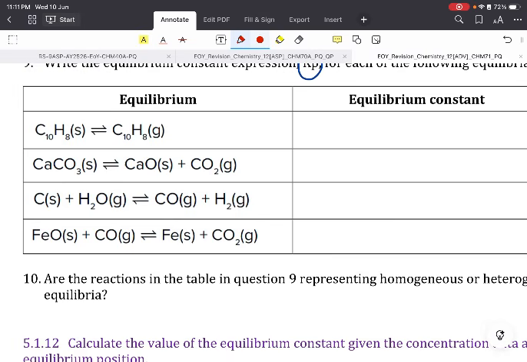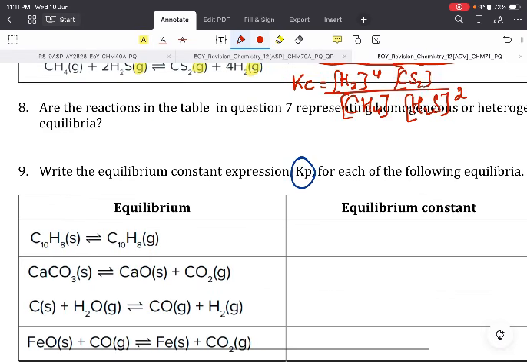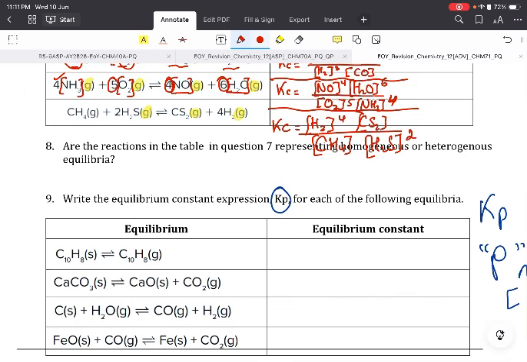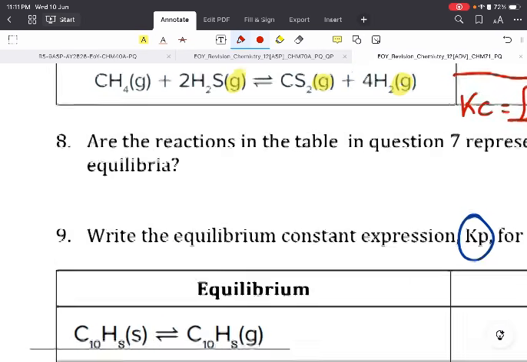Let's continue. Are the reactions in the table in question 7 representing homogeneous or heterogeneous equilibria?